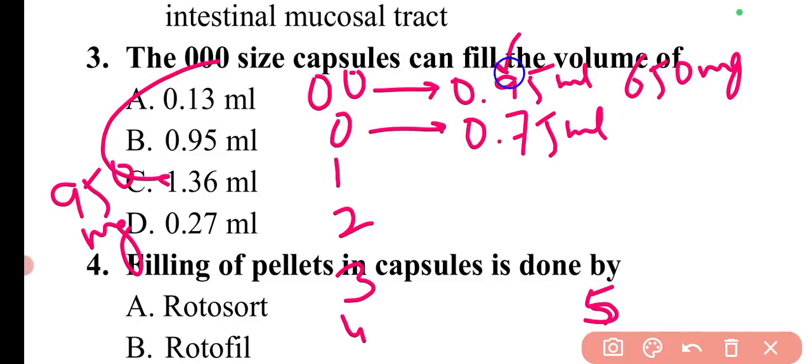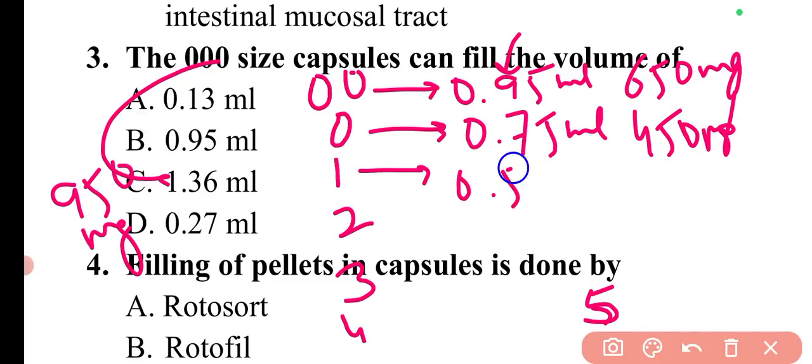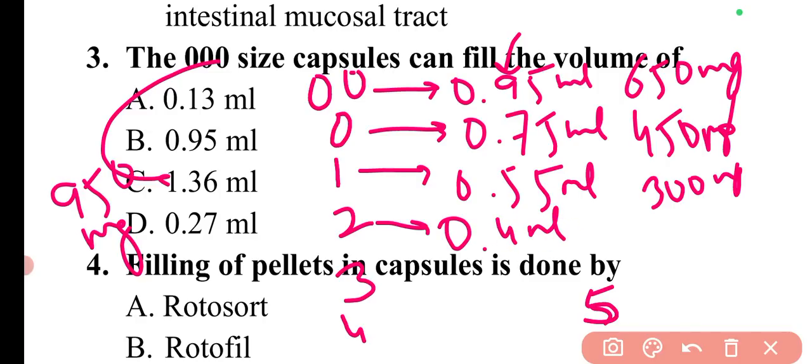So consider these values approximate, because book to book these values can be a little varied. For single zero capsule size, it is 0.75 ml and 450 mg. For size 1, it is 0.55 ml and 300 mg. For size number 2, it will be 0.4 ml and 250 mg.